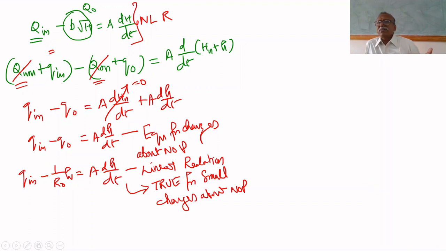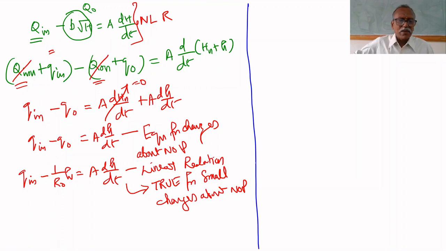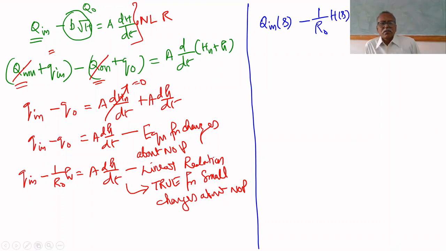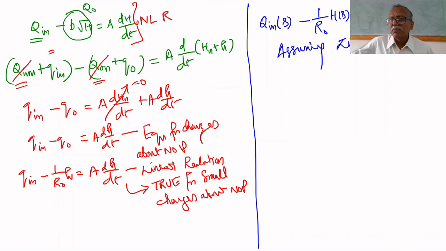And it is a linear equation, that's why we can take the Laplace transform now. If we take the Laplace transform, what we will get is Q in of S minus 1 by R naught H of S equal to A S H of S, assuming 0 initial conditions.